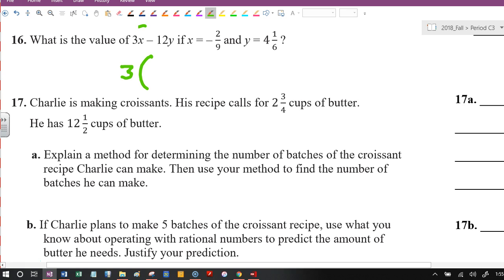Okay, so 3 times negative 2 ninths, and then minus 12 times 4 and 1/6.